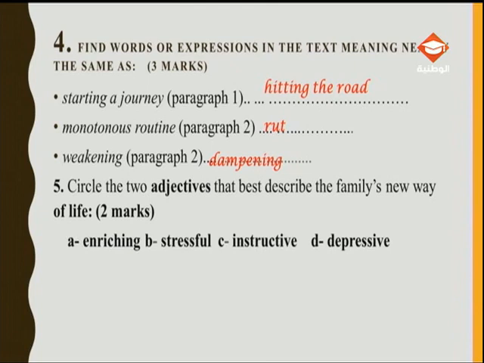Now the fifth question asks the student to circle the two adjectives that best describe the family's new way of life. How should I proceed? First, I should read the 4 options: enriching, stressful, instructive, depressive.